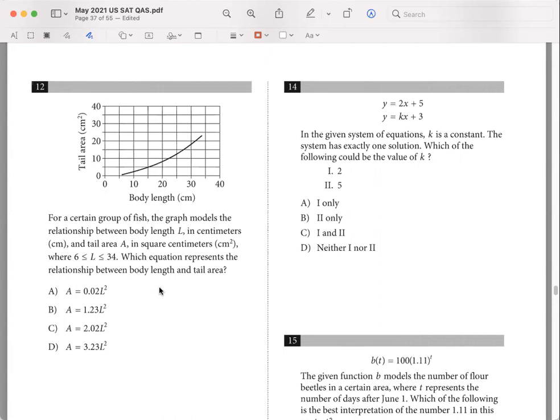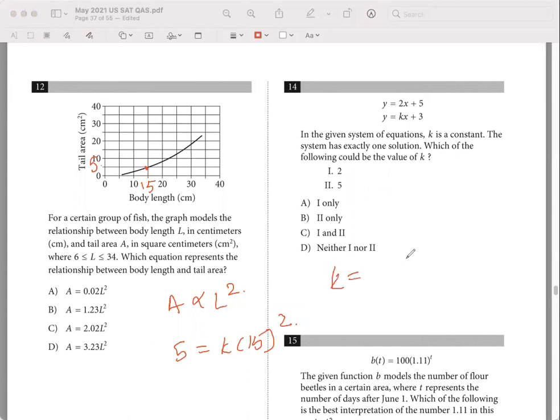So one thing I notice is that it is all in the form of A proportional to L squared, right? I can see that. So how do I find the correct value? Let's say I work with this point, right? This is 15. So when L is 15, I'm getting a value of 5. So 5 is K times 15 squared.